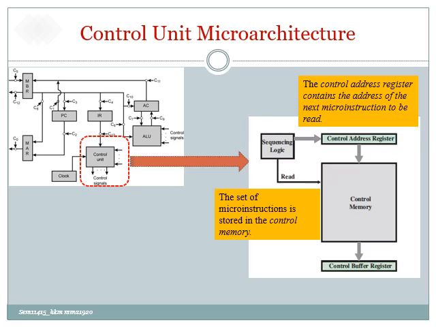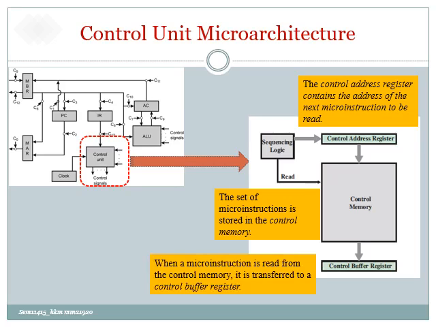It is equivalent to your program counter, PC. What is inside PC? The address of the next instruction, right? Same thing here. It holds the address of the next micro instruction to be read. Then the output out of control memory is what we call the control buffer register, equivalent to MBR. So it holds the instruction itself.